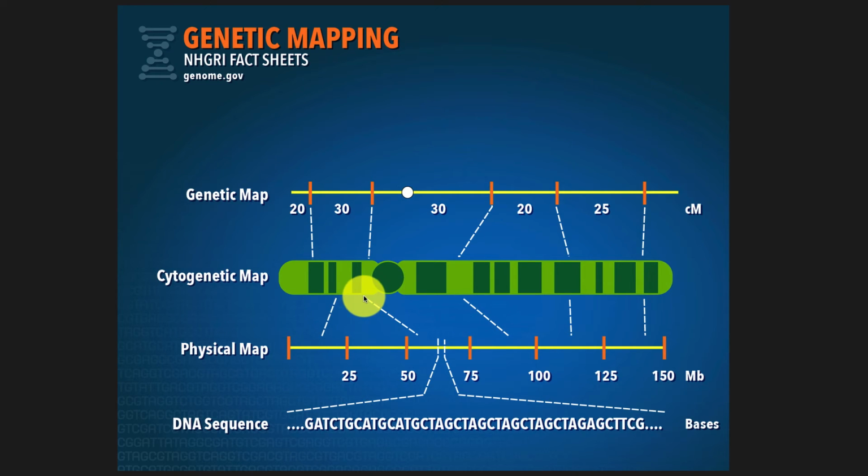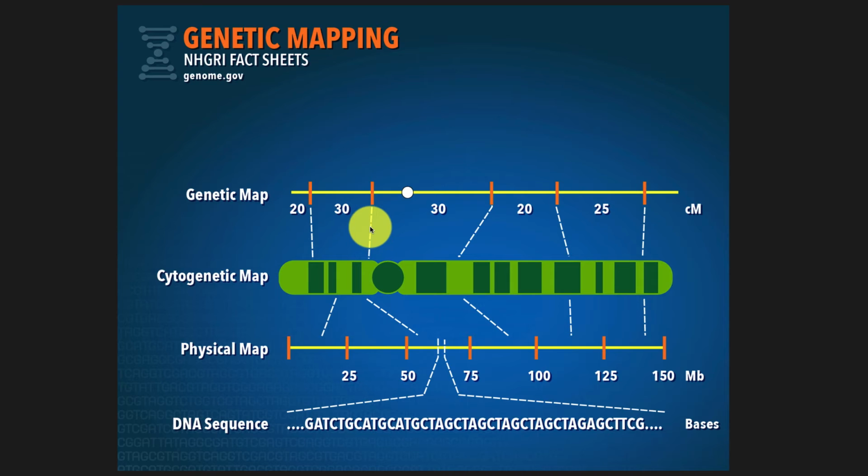That's a physical distance. Now, it's not a measured distance because the actual distance as far as micrometers varies because chromosomes condense and uncondense constantly. But if you were to unwind it into one chain of double-stranded DNA, you would be able to count the number of bases, and that would be consistent between 2 regions. So that's the physical distance.